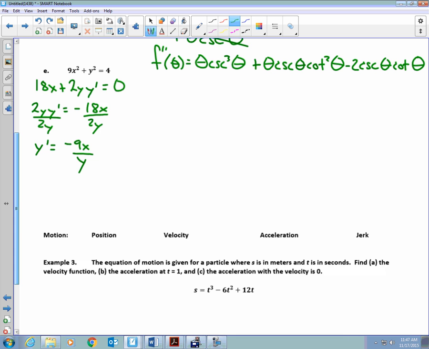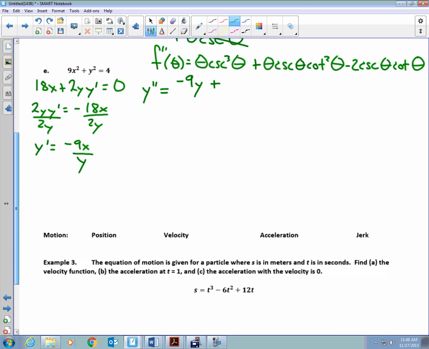But it says to find the second derivative. So I need y double prime. What do I have to use to find y double prime? Quotient rule. Derivative of negative 9x times the bottom minus the top left alone.